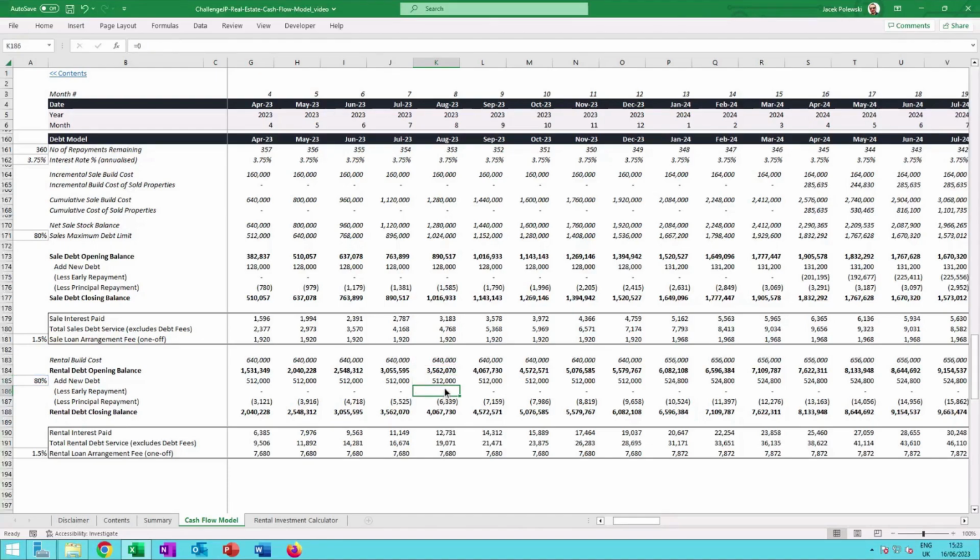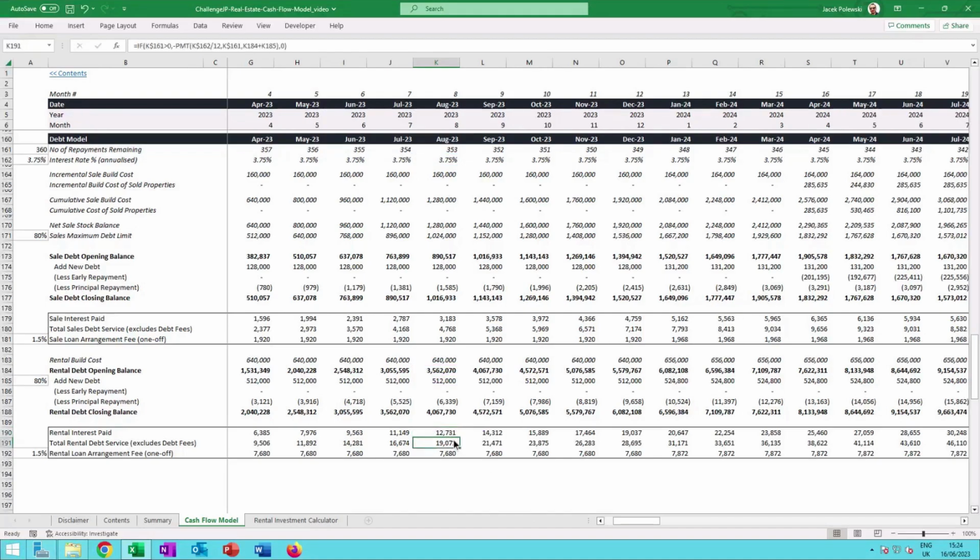In fact, in my rental model, I won't see any early repayments because we're not selling any of the properties. And then again, I can take any of the figure allocated to a principal repayment and deduct it from that opening balance and any new debt that I injected, and that gives me my closing balance. Yeah, and again, for interest calculation, I'm just taking my opening balance plus a new debt, multiply it by my interest rate, which is in here, and then divide by 12, because again, everything is done on a monthly basis.